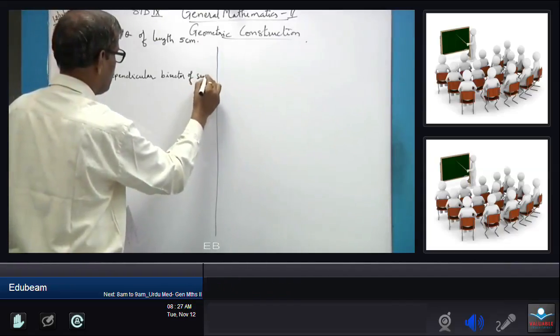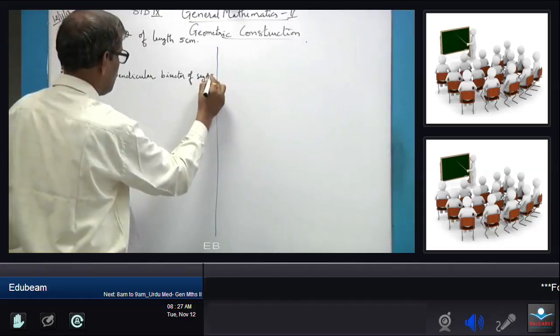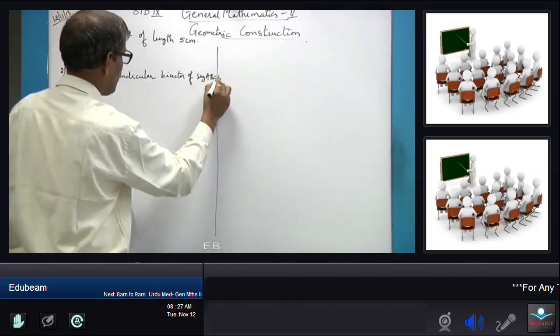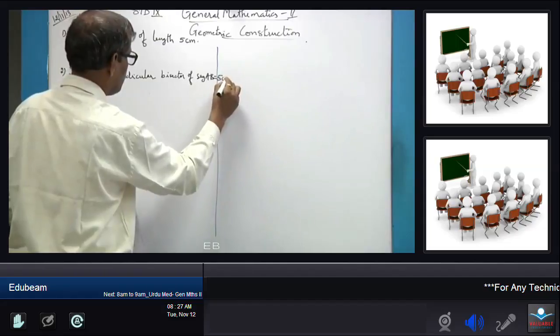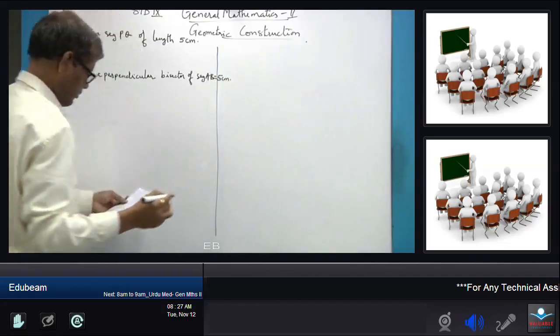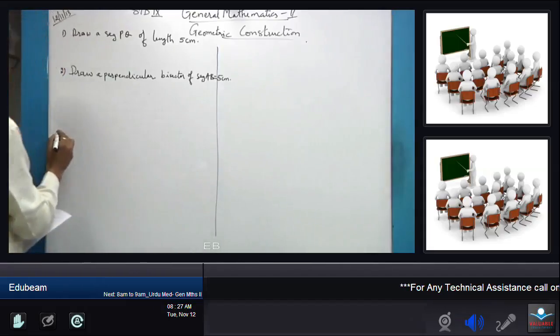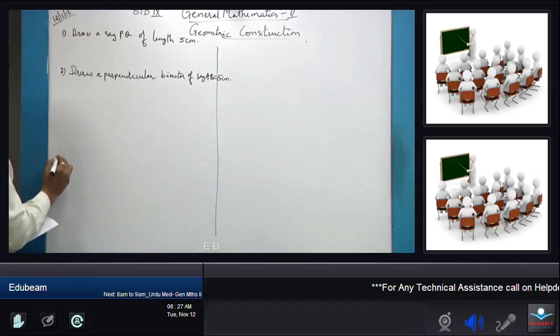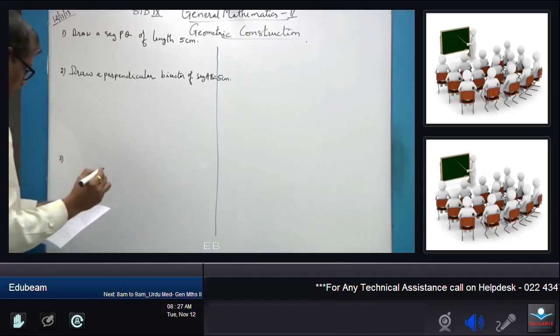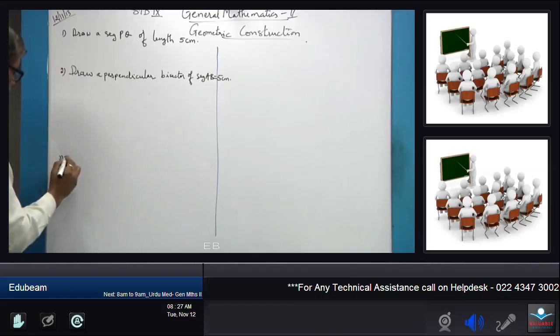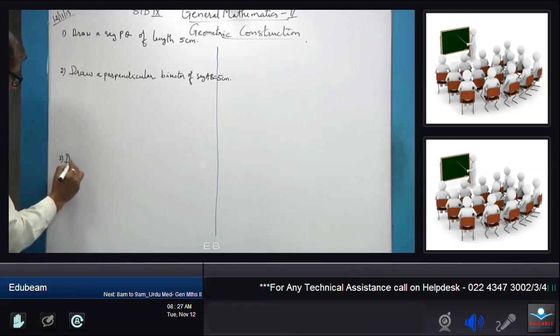Draw an angle PQR equal to 45 degrees and bisect it.